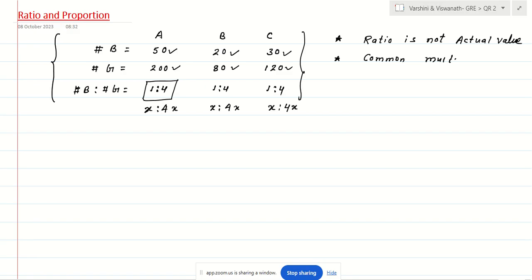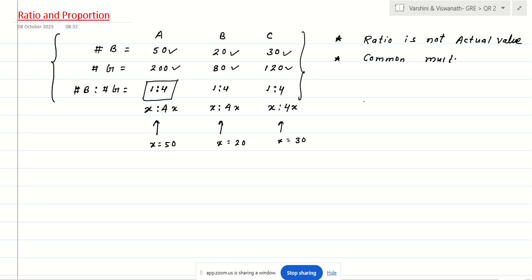In section A, what is the common multiplier? x equals 50, correct? Here x equals 20. And what about here? x equals 30. So the ratio can be the same, which does not mean that the value is the same. That depends on the common multiplier, right?